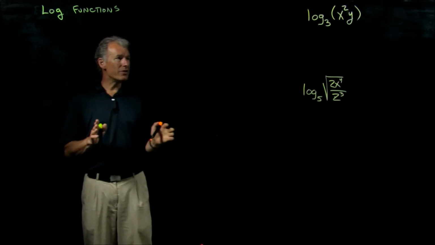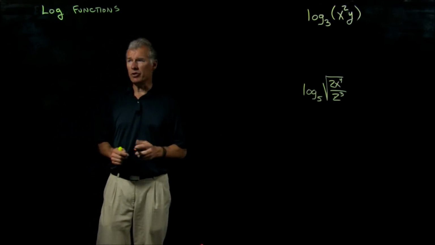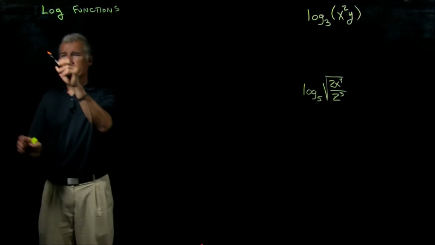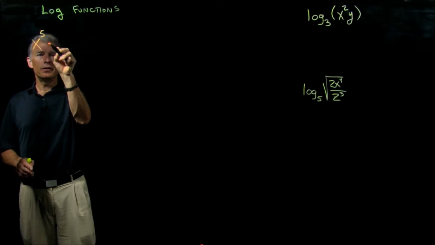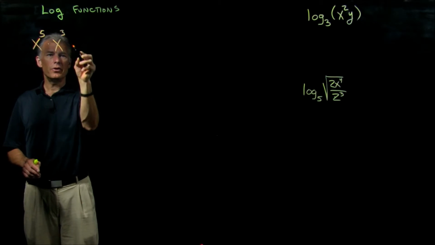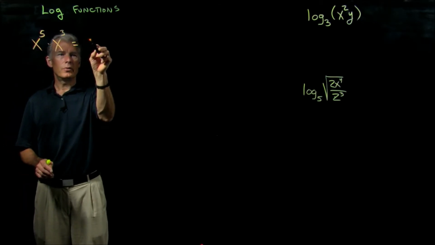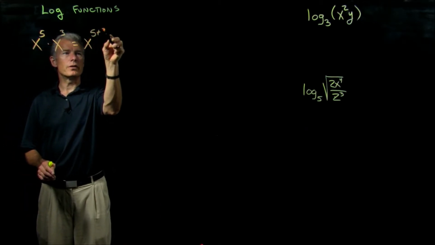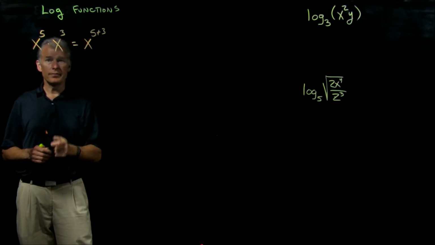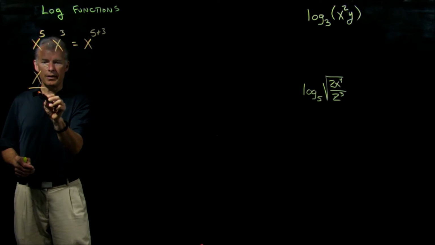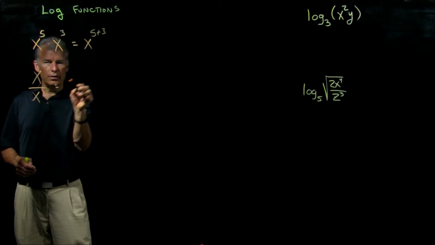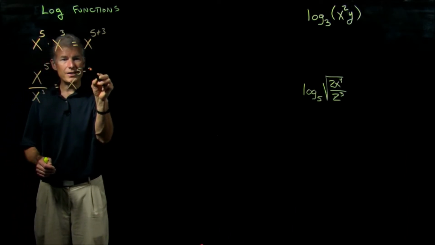So I want to get into some new log properties that we haven't used yet. But first, let's back up. If we had x to the 5th times x to the 3rd, we go x to the 5 plus 3. That's how exponents work, right? If I had x to the 5th divided by x to the 3rd, that's going to be x to the 5 minus 3.